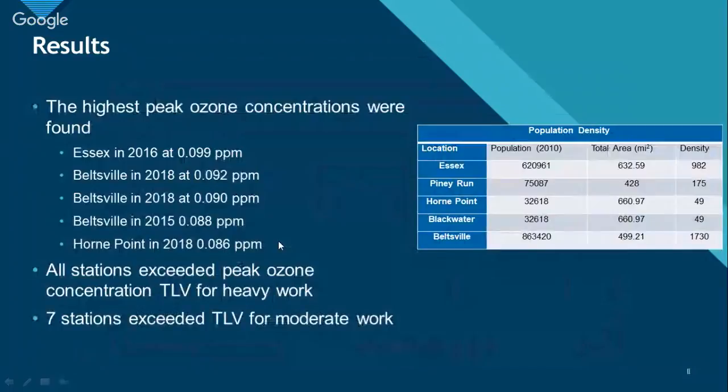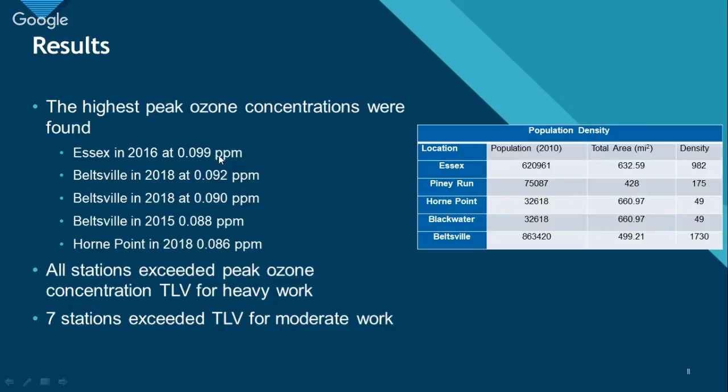When we looked at the highest peak ozone concentrations, what we found is that the highest levels were measured in the more urban areas. So the urban areas like Essex and Beltsville had 4 of the top 5 highest peak ozone concentrations measured.